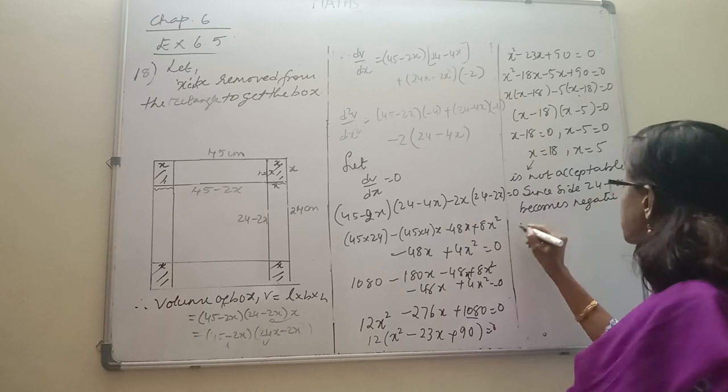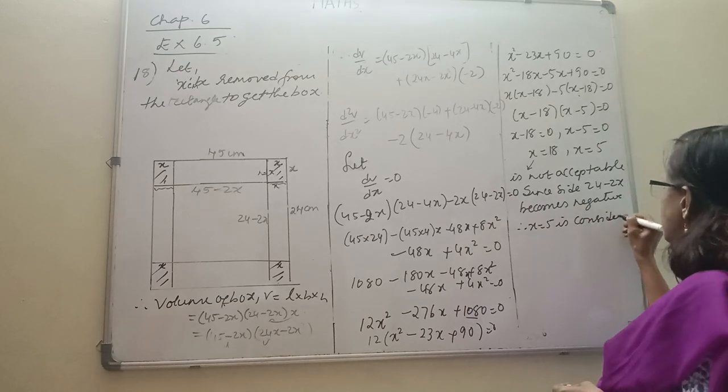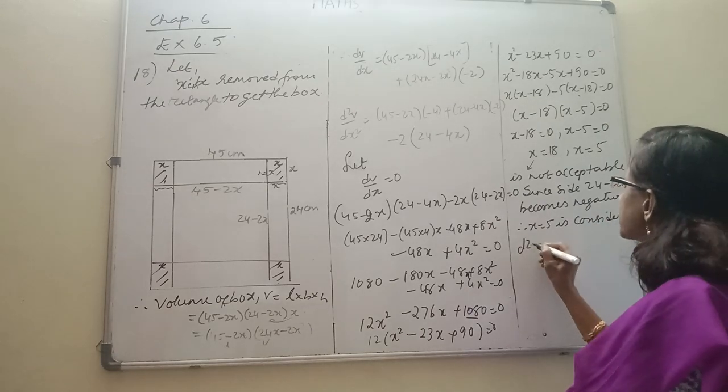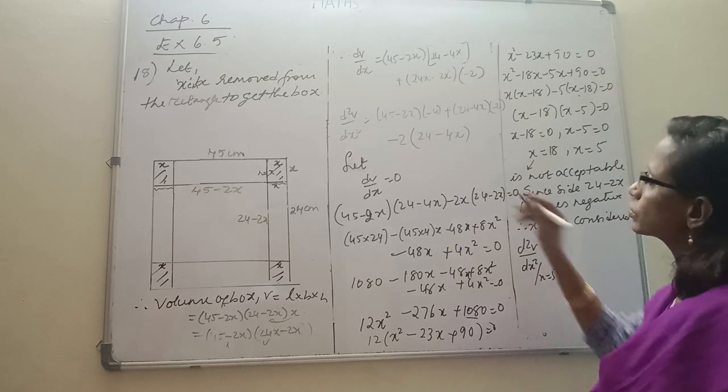So the only acceptable value is considered. So that's it. Now we just confirm that it becomes a maximum there at x equal to 5. So that is quite possible there.